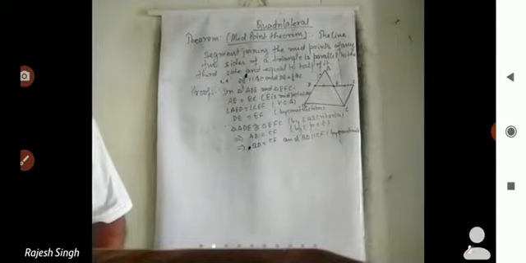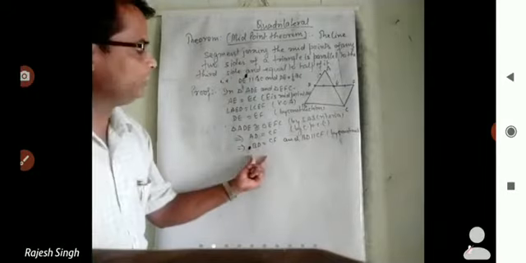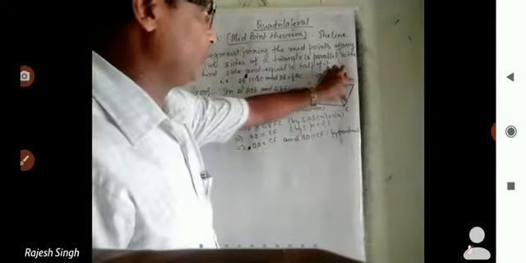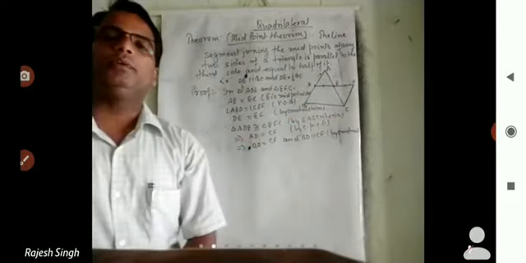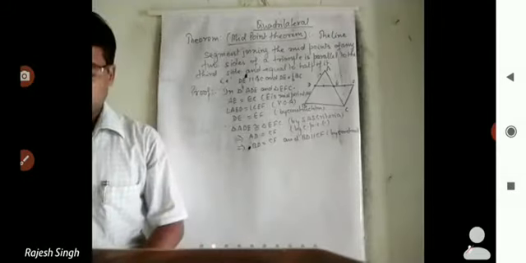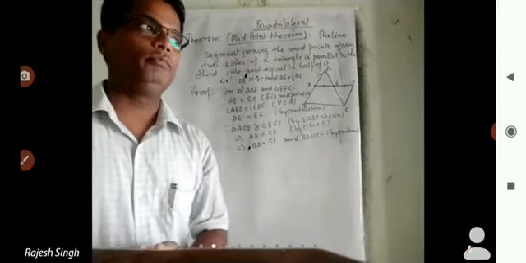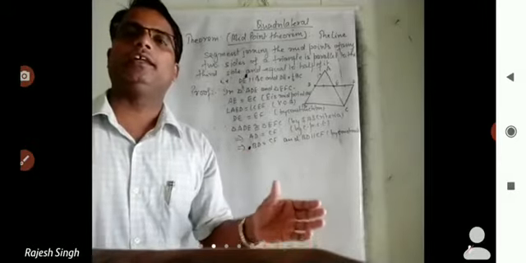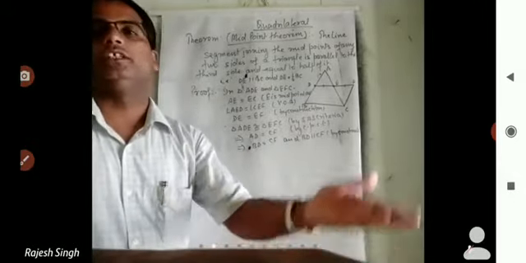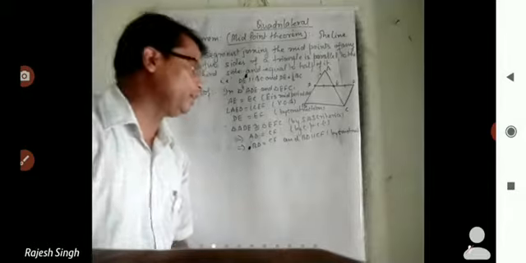Again, all of you see here, if BD is equal to CF and BD is parallel to CF, what does this imply? In exercise 8.1, when we prove that a pair of opposite sides of a quadrilateral are equal and parallel, then we can say that quadrilateral is a parallelogram.